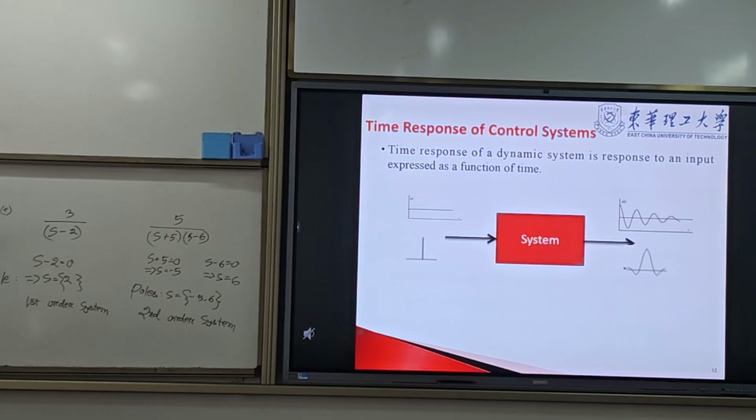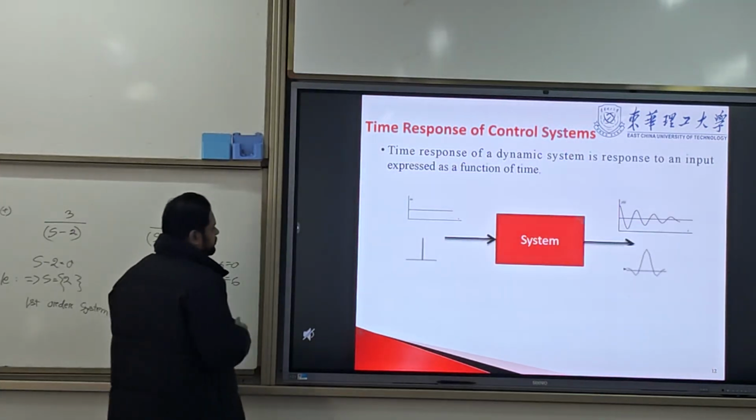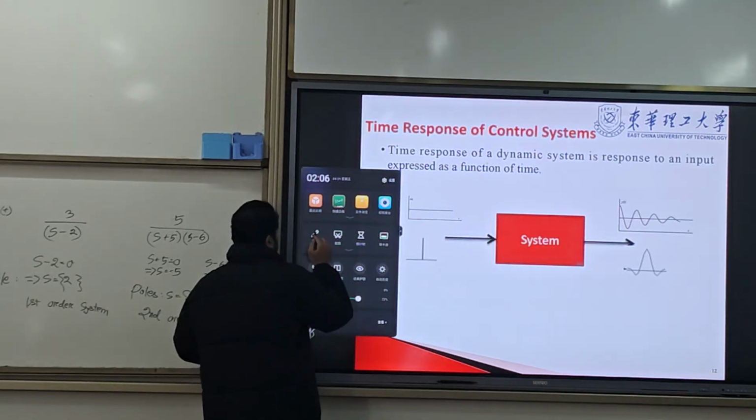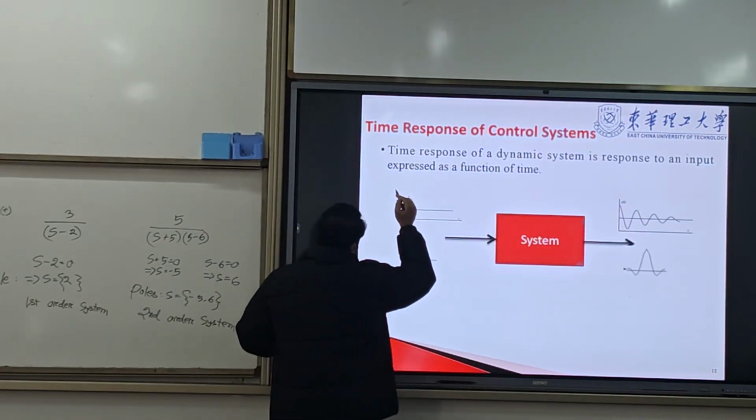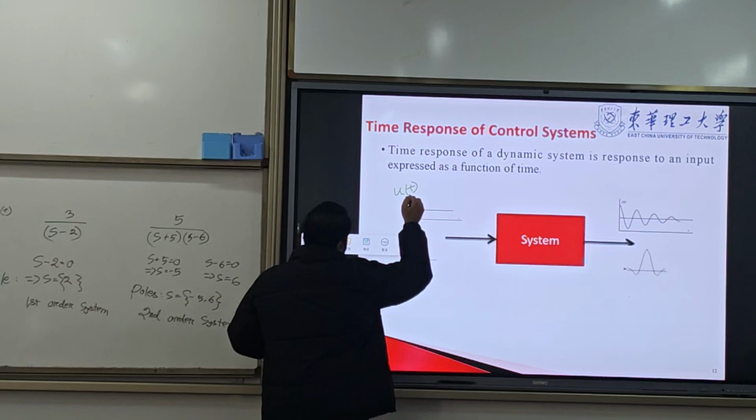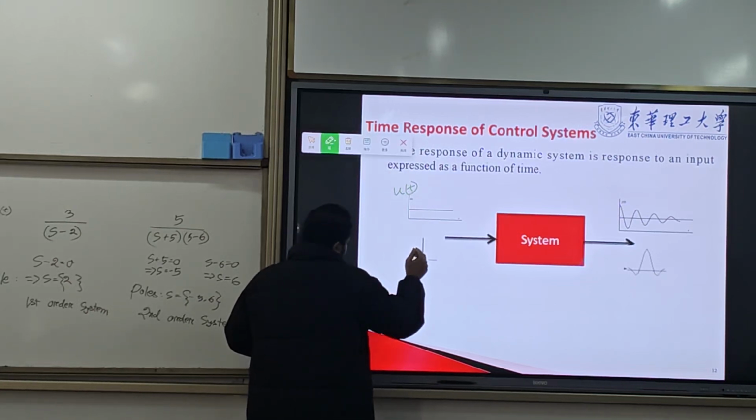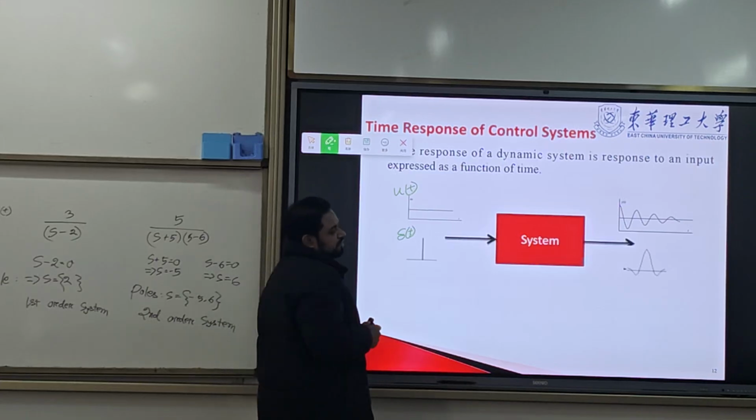Like here, two input signals are given. This is ut, unit step, and this is delta t.